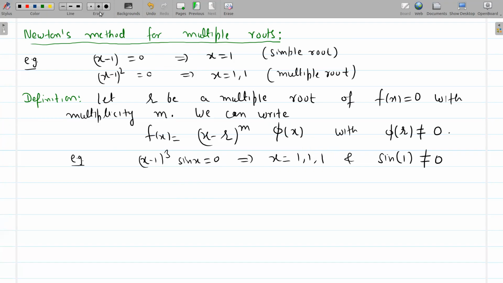So whenever you have a multiple root, you can always write it as (x minus r) power m. It depends on you. Sometimes you write it clearly, but sometimes we don't know how to write it.